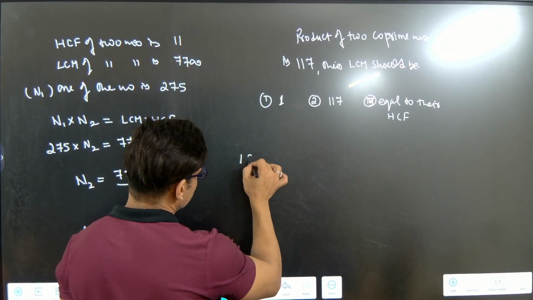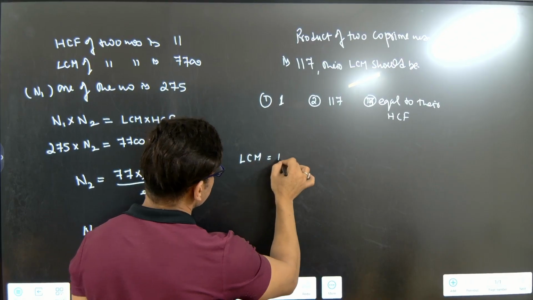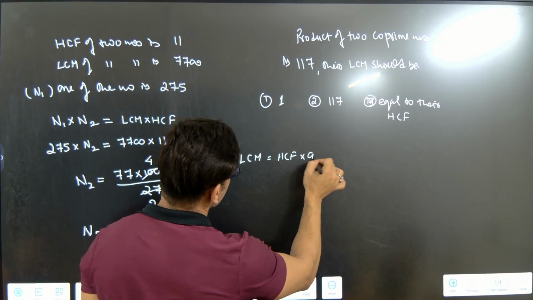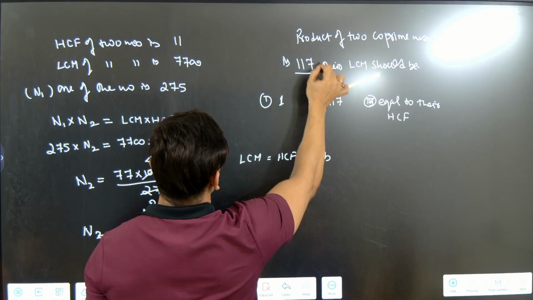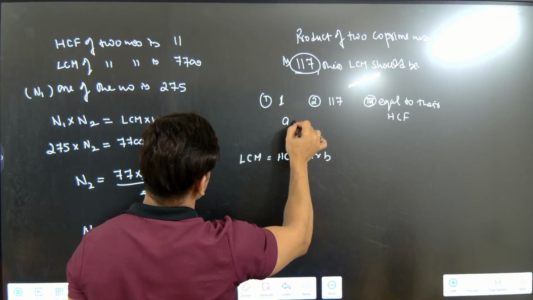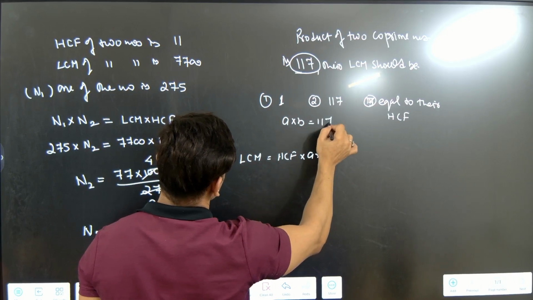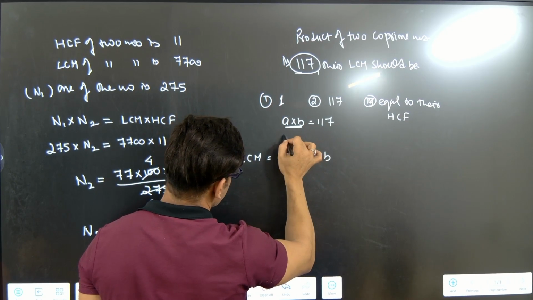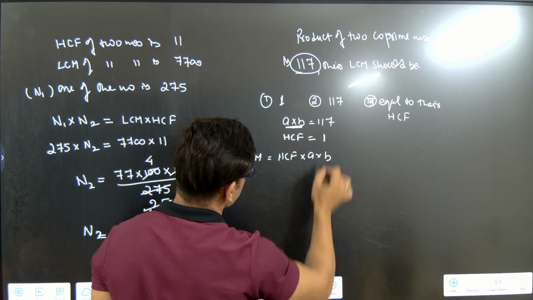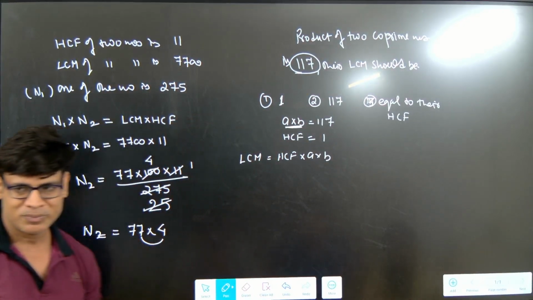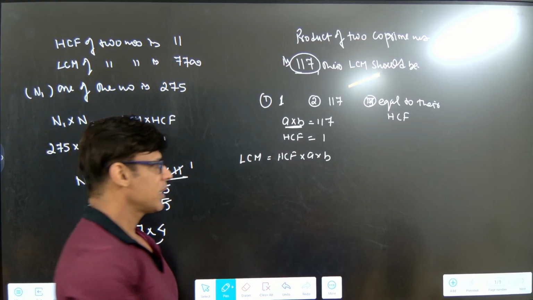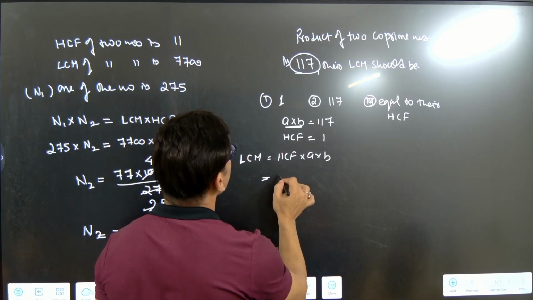See, how do you find out LCM of numbers? You always take the HCF into A into B. Here, the product of two co-prime numbers is given as 117. And if there are two co-prime numbers, their HCF will be equal to 1, always 1. LCM is the same. HCF कितने? 1.